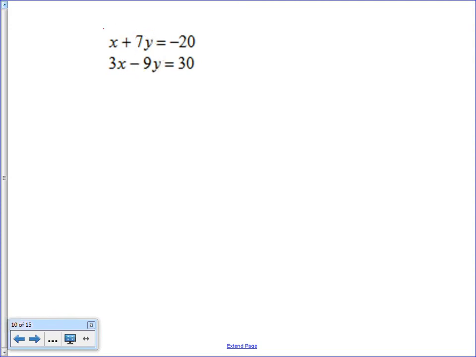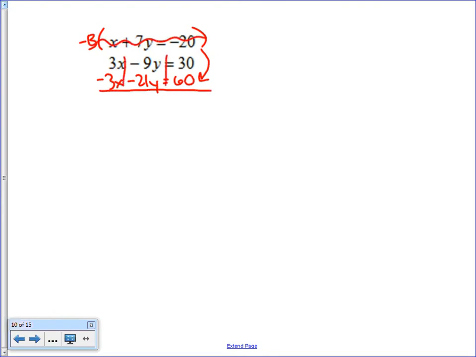So let's take a look at the x's. And you might see that, oh, I can just multiply the x by a negative 3. And that's going to give me a negative 3x up on top. So let's go ahead and multiply that. Negative 3x minus 21y will equal a positive 60. And then I'm going to scribble this guy out for a sec.